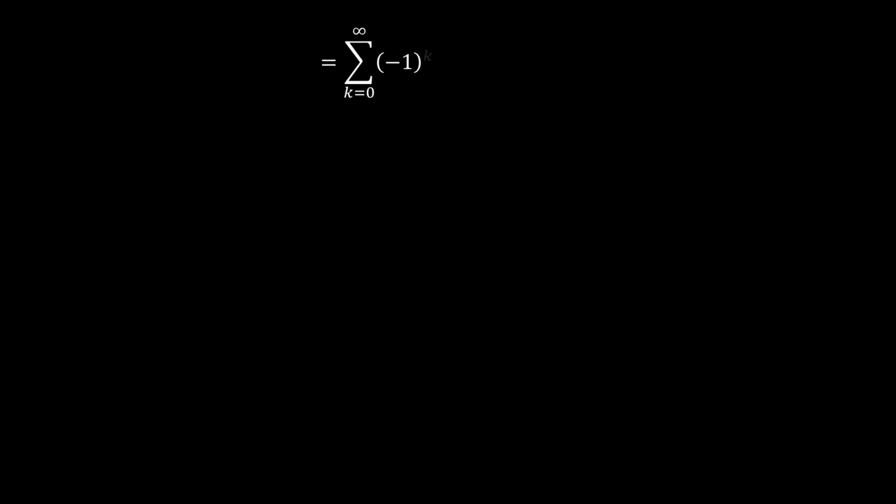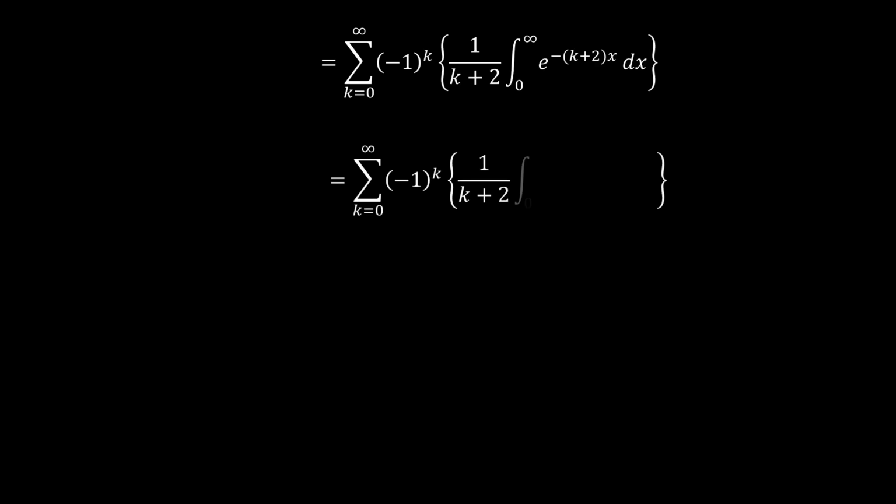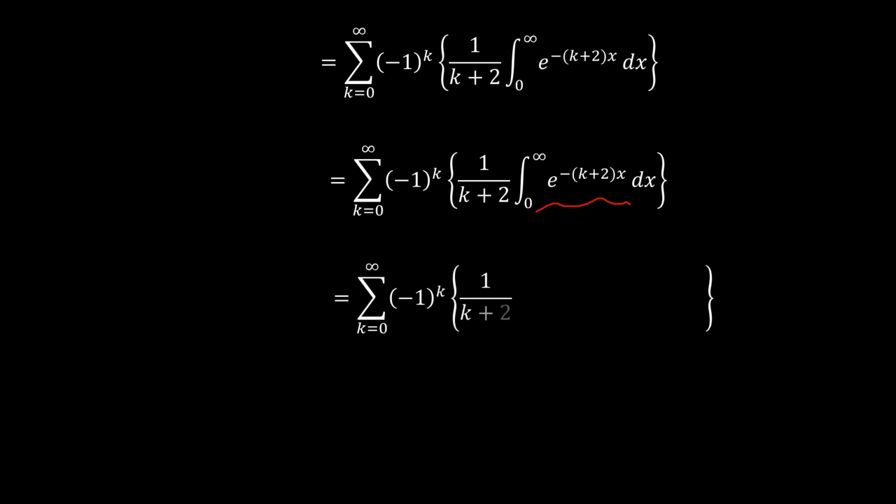So going forward, we have another k plus 2 that emanates from integrating this. When x tends to infinity, this part tends to 0, and when x is 0, this part is 1.